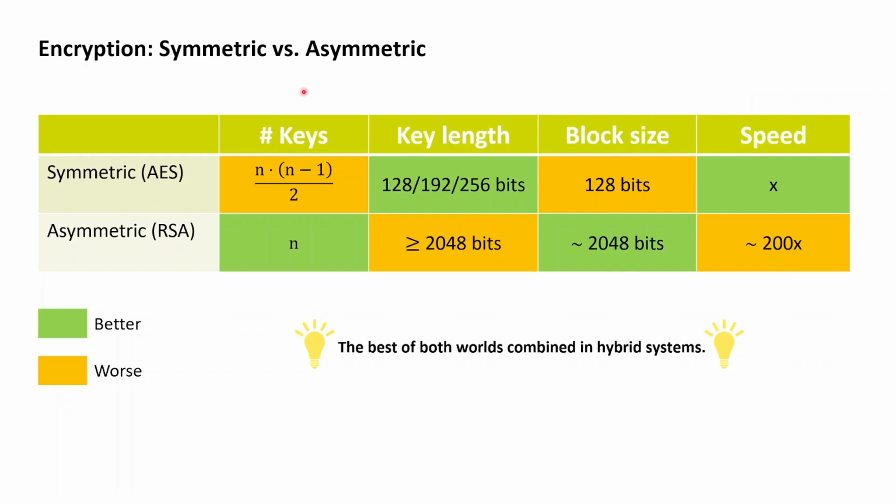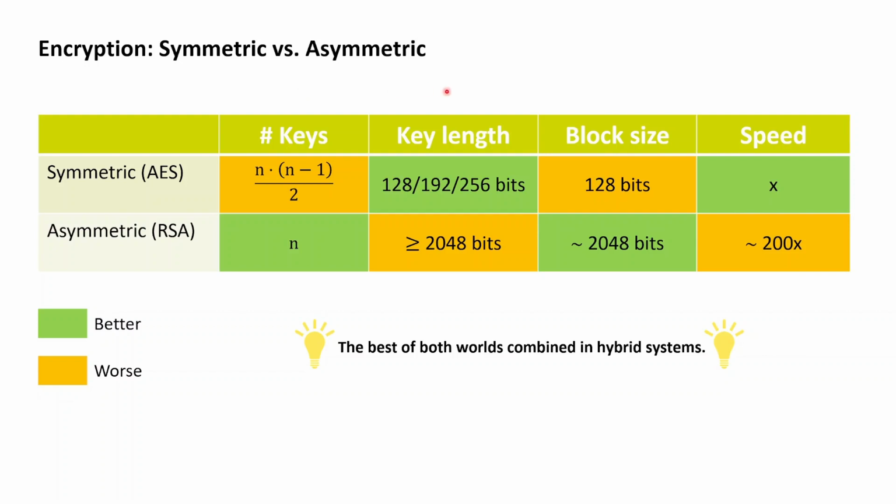In terms of the numbers of keys involved, we already know that asymmetric encryption systems manage to outperform symmetric encryption systems, which I have indicated in this table by coloring the asymmetric encryption scheme green to indicate an outperformance of asymmetric encryption over symmetric encryption in this regard.